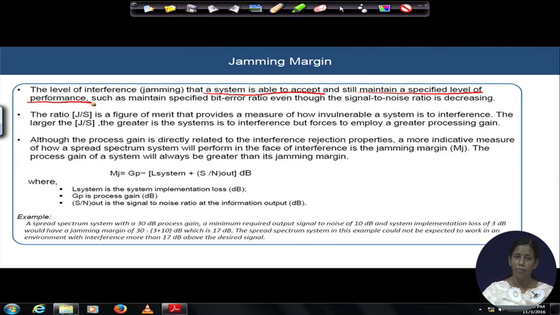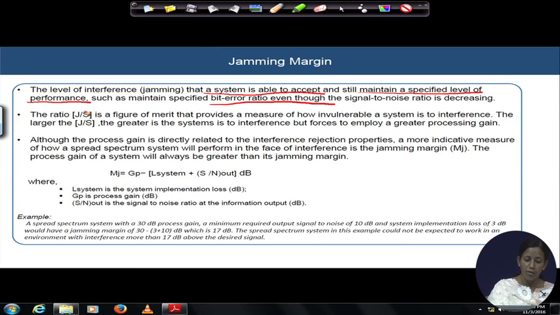This is the extra amount of interference power it can accommodate so as to maintain its bit error rate, without compromising the signal to noise ratio.